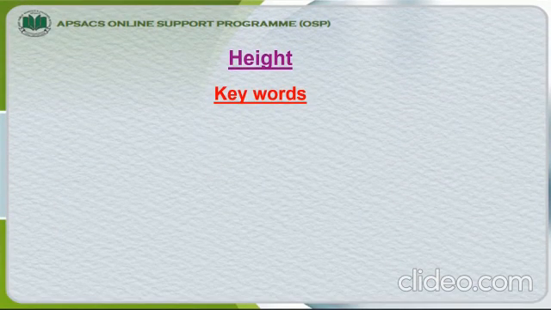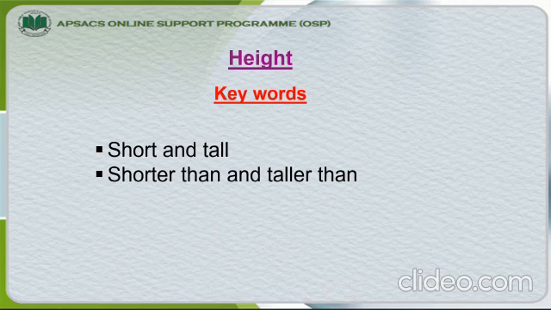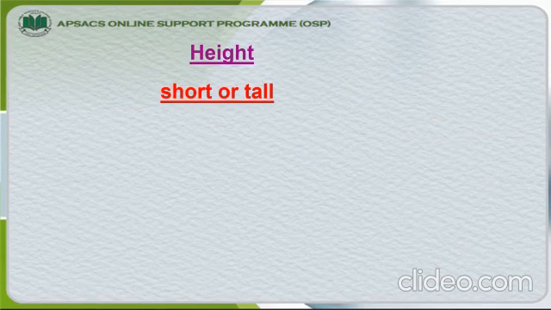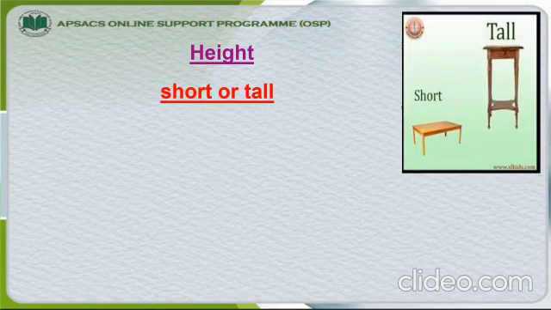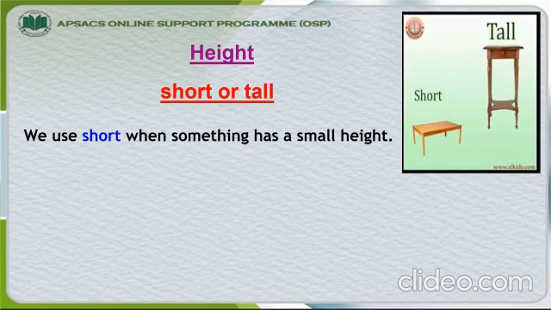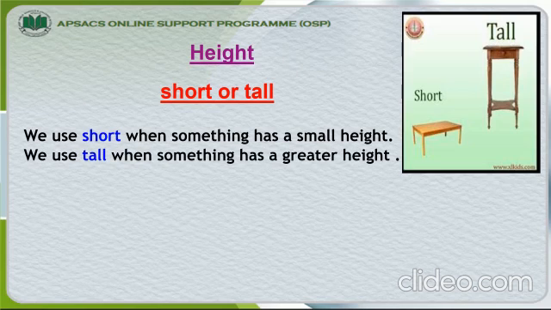Keywords which we are using in height: short and tall, shorter than and taller than, shortest and tallest. When we use short or tall, we use short when something has a small height and we use tall when something has a greater height.